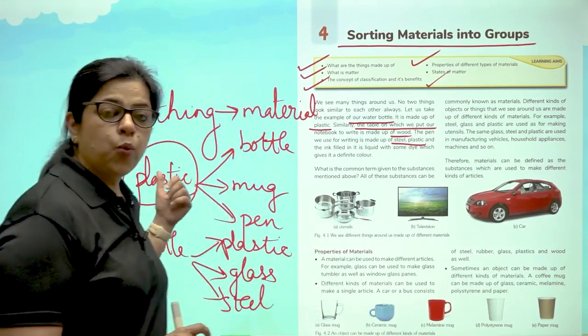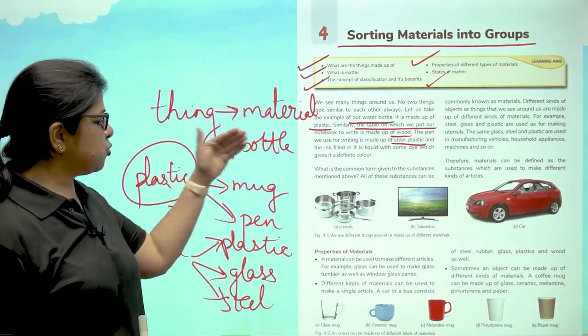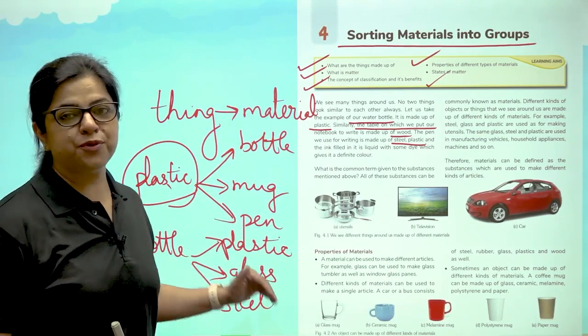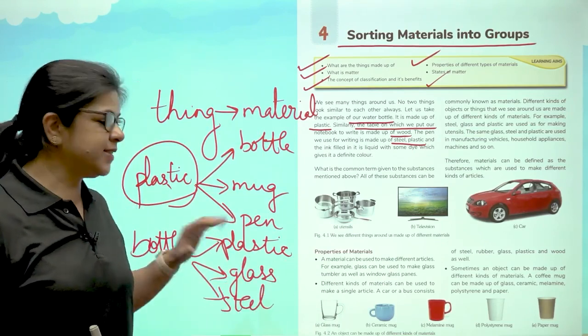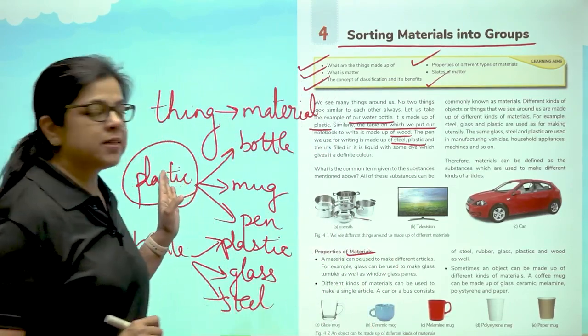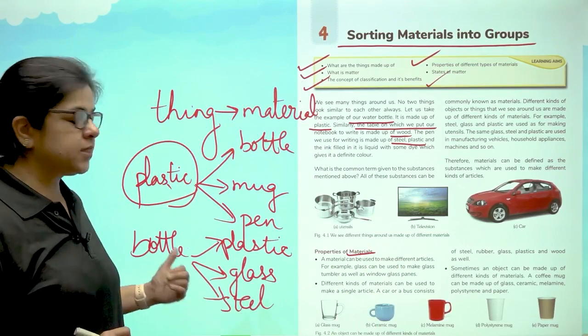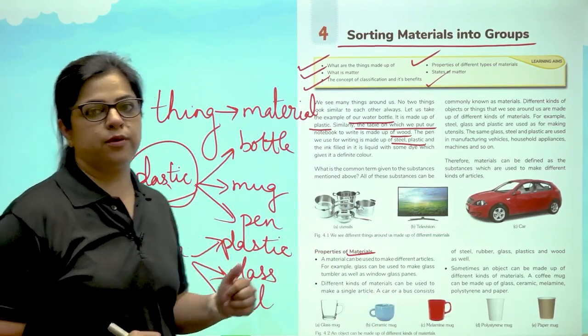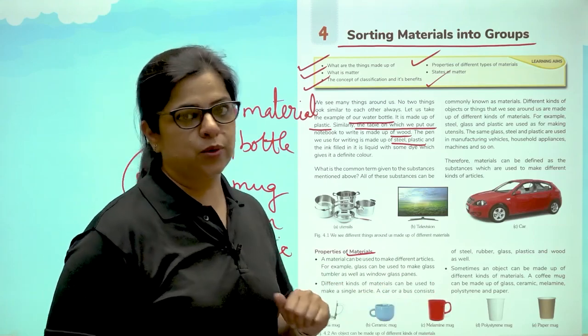Number one, a material can be used to make different things and a thing can be made of different materials. Isn't it interesting, children? Now, in order to use plastic, glass or steel for the bottle, what are the properties that I am looking for? Let us read them from the book.